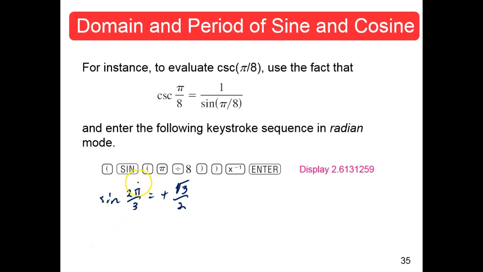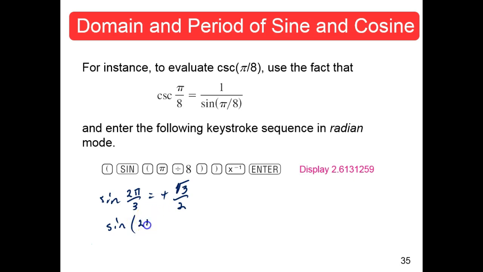But the first thing you do is, what mode are you in? Radian mode. You've got to be in radian mode. So get in radian mode, and then once you are, type in the sine, and as soon as you do that, most calculators will open that first parenthesis for you. And then you just do 2.